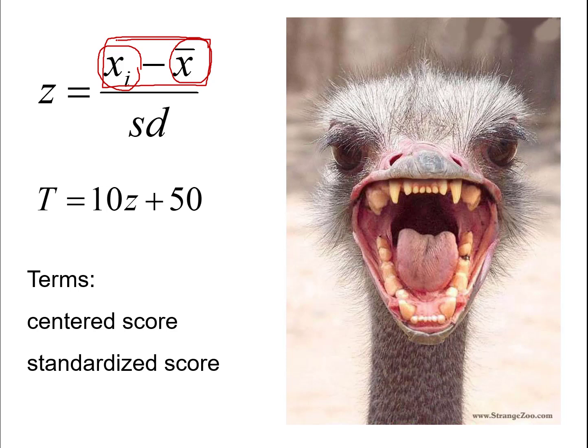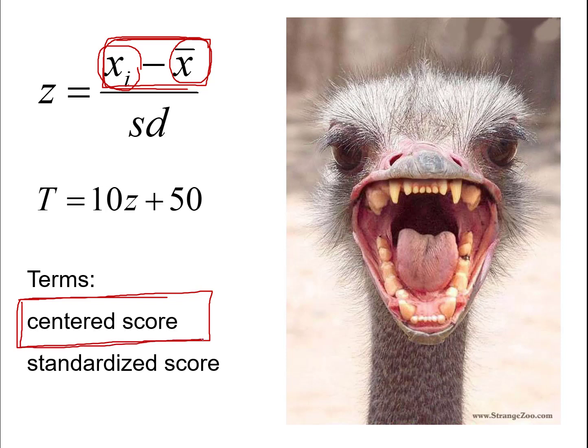And recall that when I talked about those deviation scores, I mentioned that the average of those deviation scores will always be 0. Another way of saying the same thing is that these deviation scores will always be centered around 0. For that reason, if I have a sample of people and I create these deviation scores, that is, I subtract the mean from everybody's score, I will say I have centered scores.